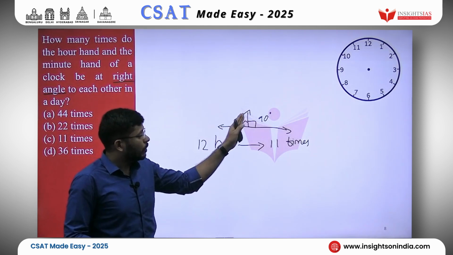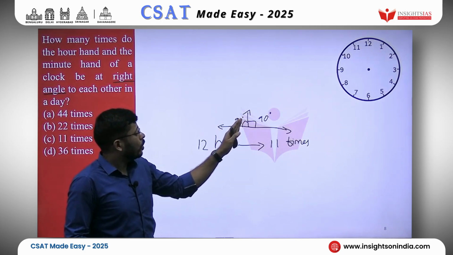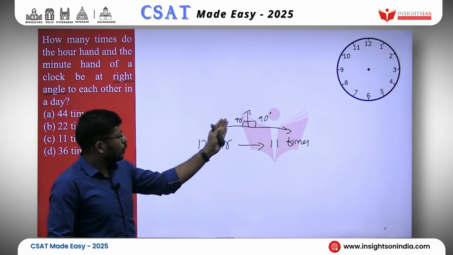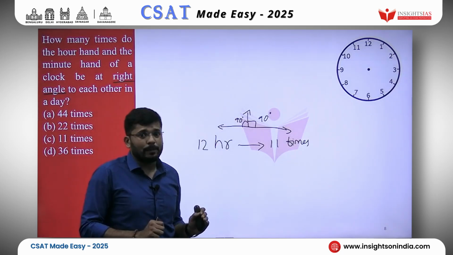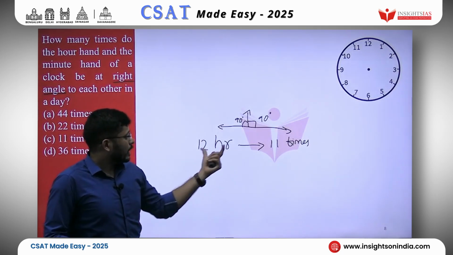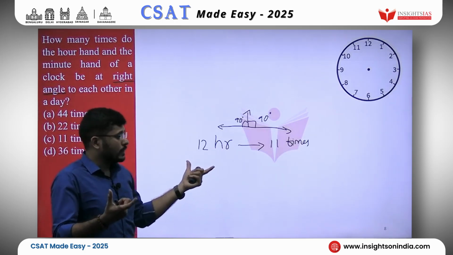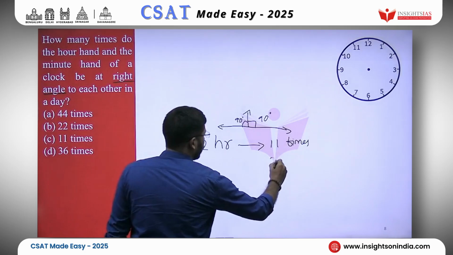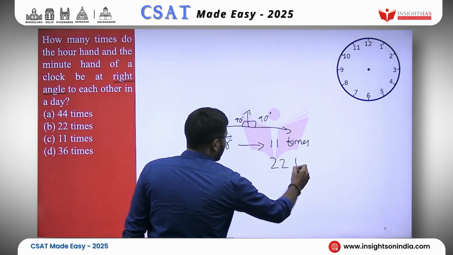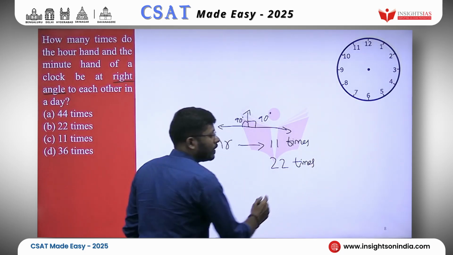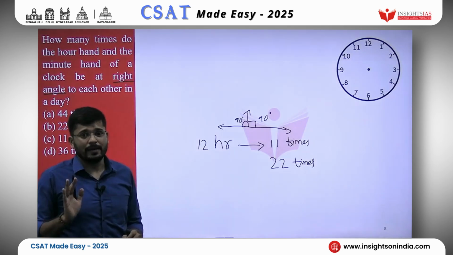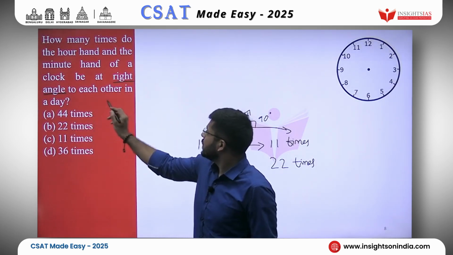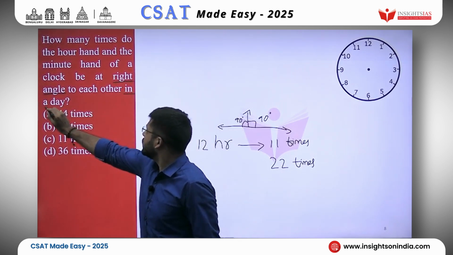One is when the hour hand is ahead of the minute hand, or when the hour hand is behind the minute hand. So, both ways 90 degrees can happen. And so, in any given 12-hour duration, there will be 22 times when there will be a right angle. But 22 is not our answer, because they are asking us in a day.